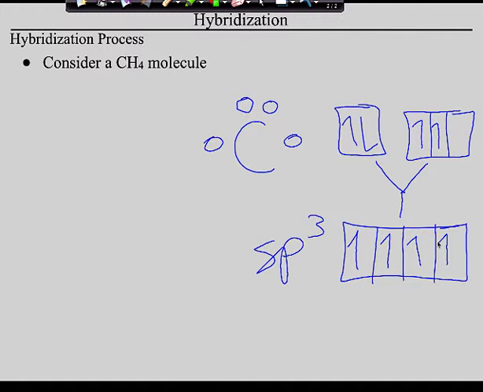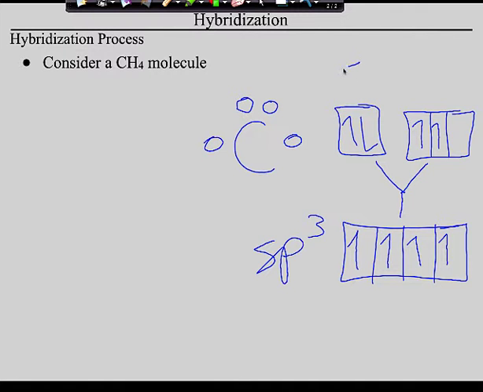Guys, not everybody has to get involved in hybridization. Sometimes you'll find out that some of the P's will not hybridize. Guess what that leads to? Double and triple bonding. And guys, we're going to talk about that in a moment once we get into the details. But in order for double and triple bonds to form, you've got to have P orbitals that have not hybridized.